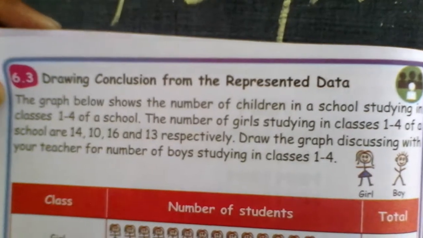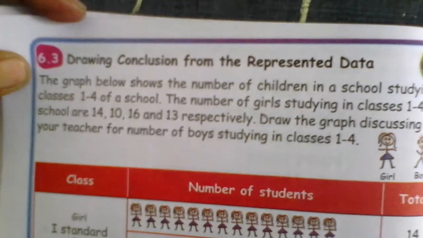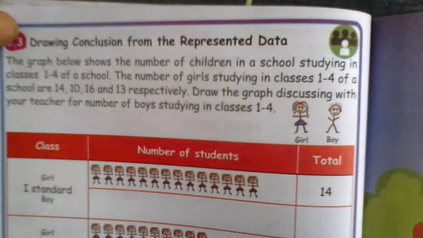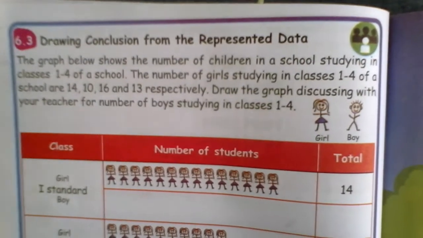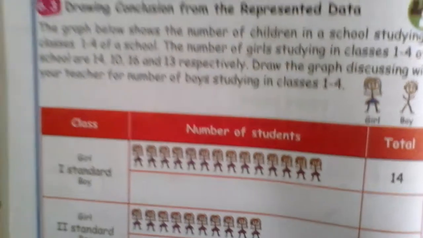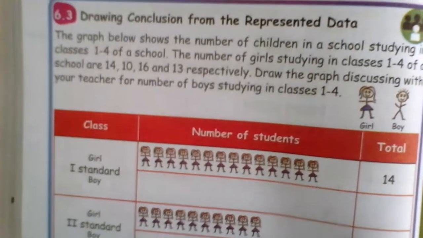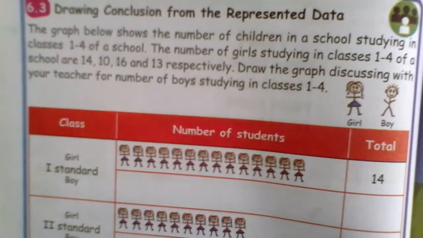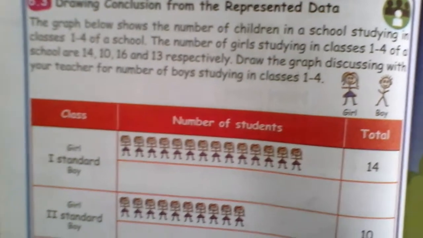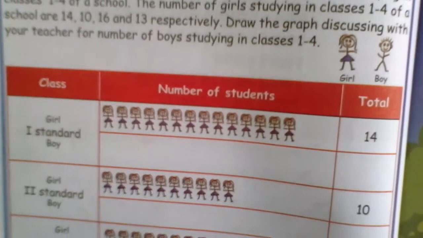Drawing conclusion from the represented data. What is the conclusion we are going to get? That's one. Let me read this. The graph below shows the number of children studying in classes 1 to 4 of a school. The number of girls studying in classes 1 to 4 are 14, 10, 16, 13 respectively. Draw the graph, discussing with your teacher, for the number of boys studying in classes 1 to 4.